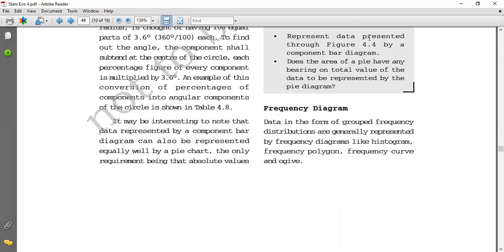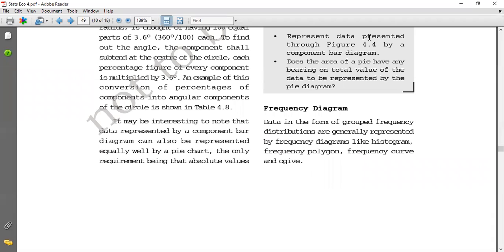In the previous chapter, we learned about different types of charts. Now we are discussing the graphic presentation. These are also graphs, but how are they useful? First of all, we will discuss why we are making graphs.